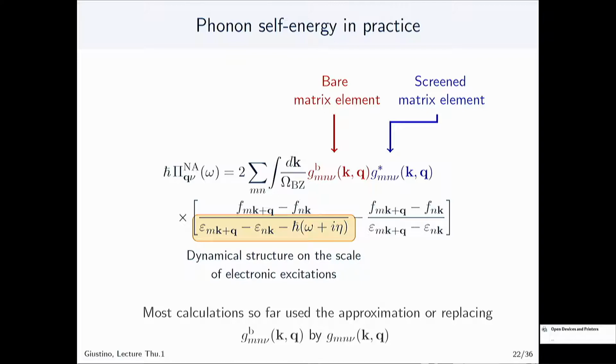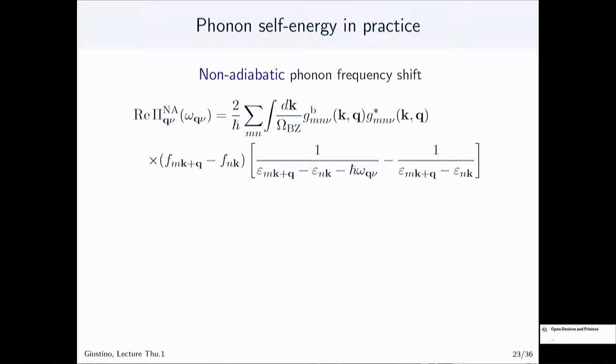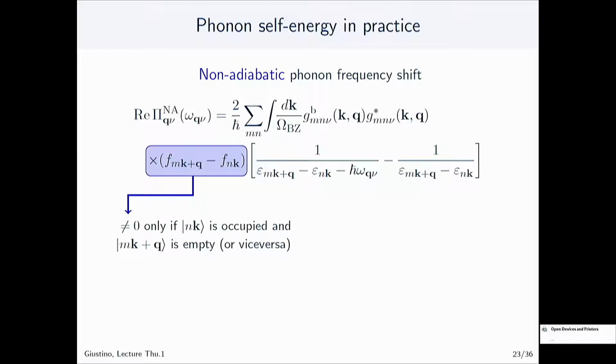Let me see what happens now if I start taking this equation and applying it to a couple of cases. In the case of the frequency shift, I need to take the real part of the self-energy. So I just took the real part of what I showed you earlier. So why is this interesting? It is interesting because these are electron occupation factors. So if you think about it, suppose you have an insulator. If this is occupied and this is occupied, so 2 electrons in the valence, that's a 1 minus 1, so it's 0.